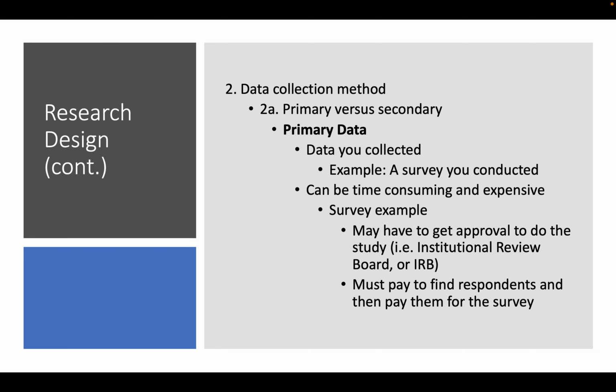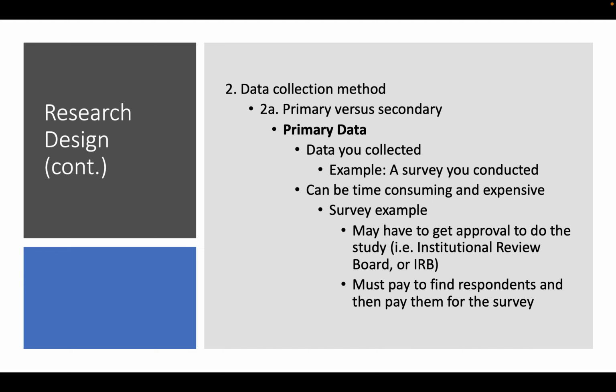Now we come to the next point, data collection method. We can look at this in terms of primary versus secondary data. So for primary data, these are data that we actually collect ourselves. In other words, it's a survey that we have written ourselves. That type of data collection can be very time-consuming and expensive.